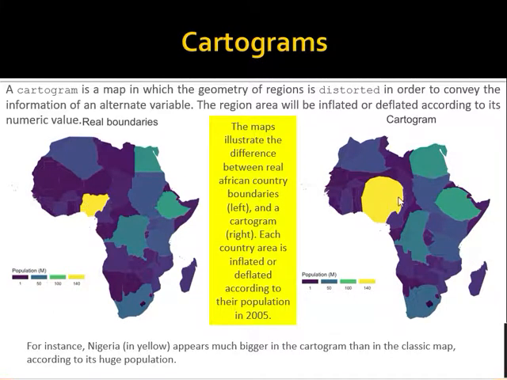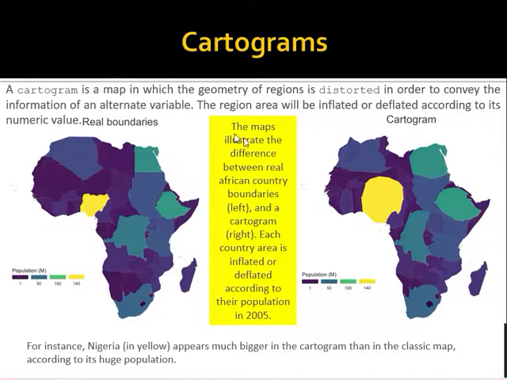You can see a size difference where in the cartogram Nigeria appears bigger, but this is in terms of the population that we are plotting. But this is the original map which gives you the area, and this is a distorted cartogram which gives you the population. So, that is what is called a cartogram.